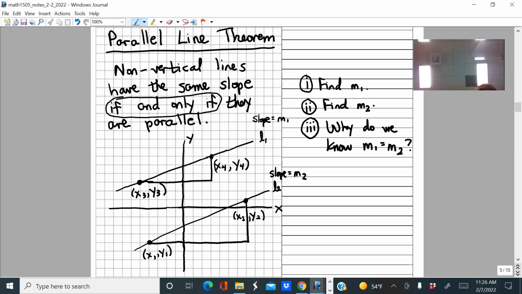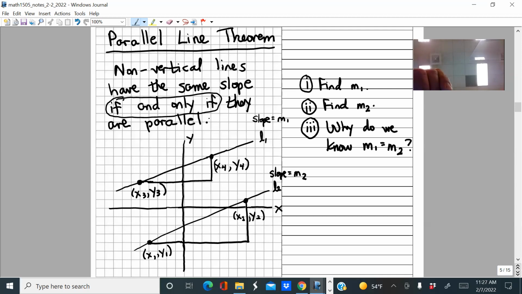In logic, when you use the phrase if and only if, you mean that the implication is true in both directions. So if you have lines that have the same slope, they must be parallel. If you know two lines have the same slope, then you know those lines have to be parallel to one another. But the opposite is true as well.